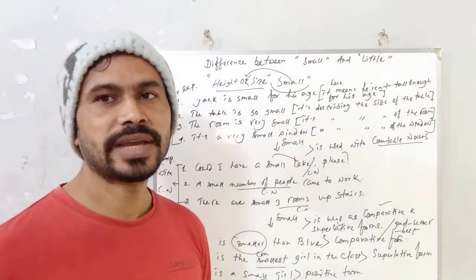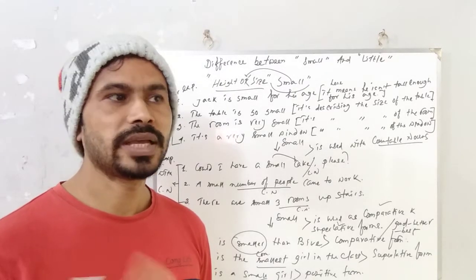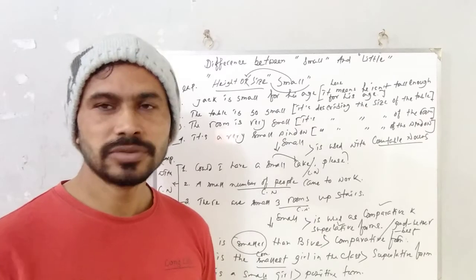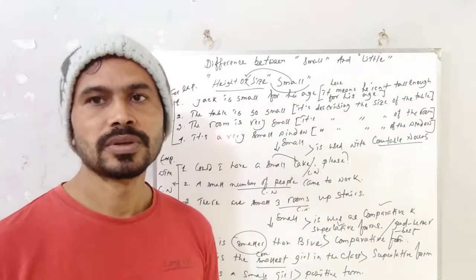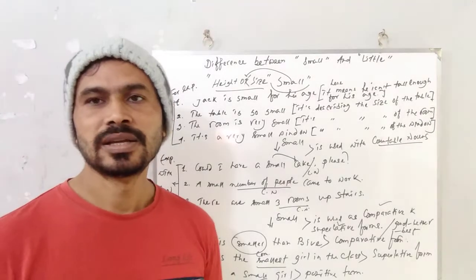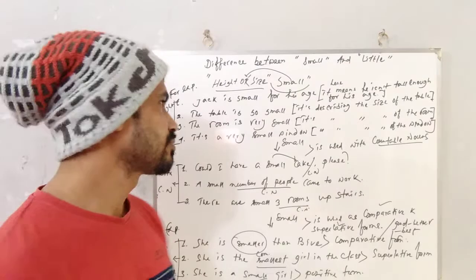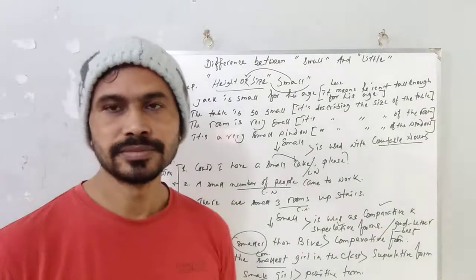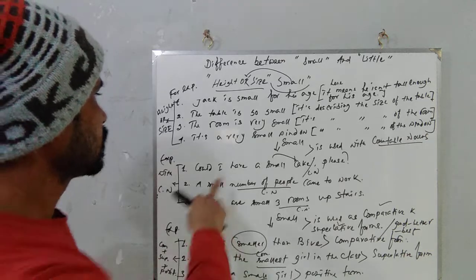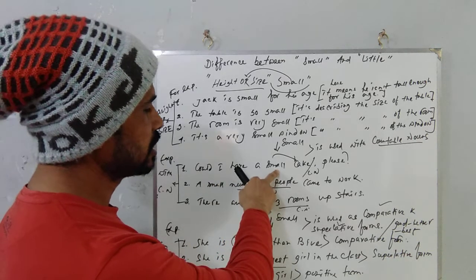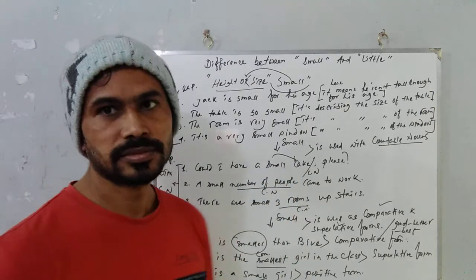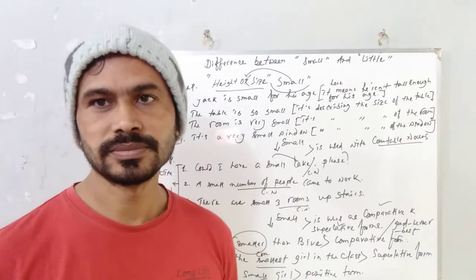I have already told you a little bit, and I will discuss the details of adjectives later. So here, the adjective is small, and cake is a countable noun.